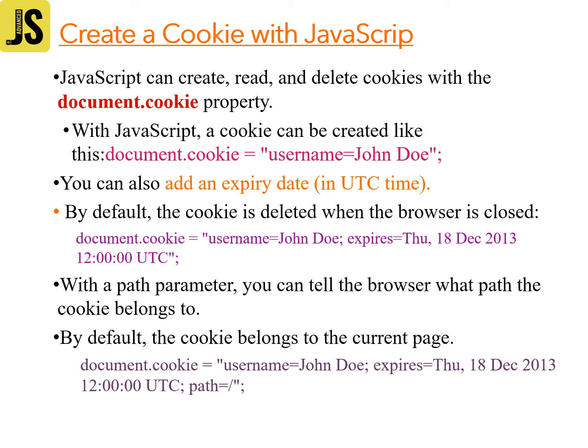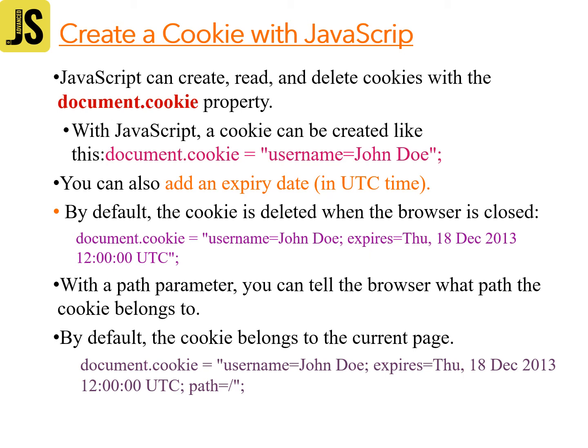With a path parameter, you can tell the browser what path the cookie belongs to. If you specify a path parameter in document.cookie, the browser can understand what path or URL that particular cookie is for. By default, the cookie belongs to the current page.